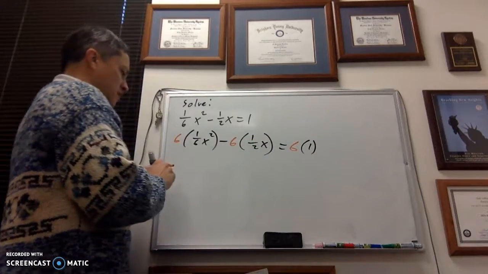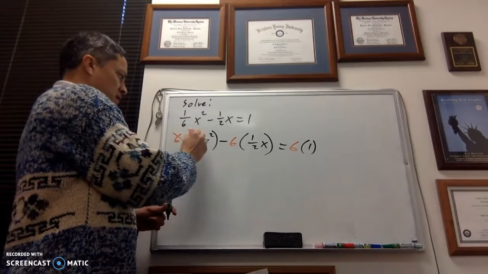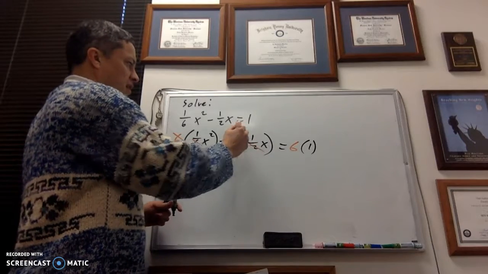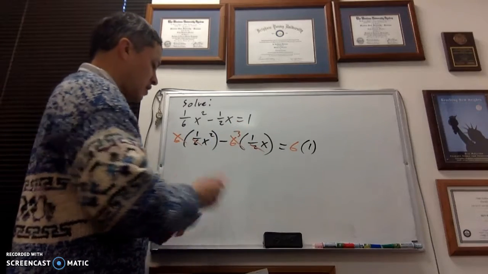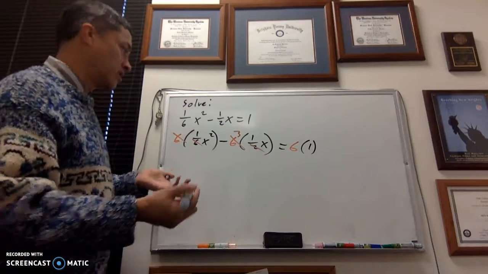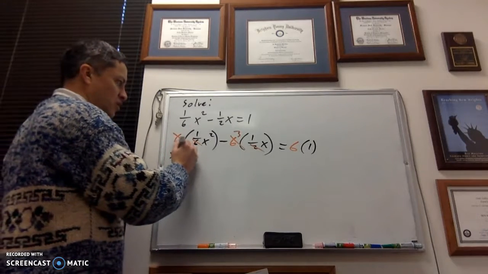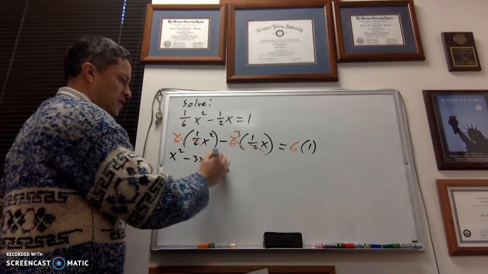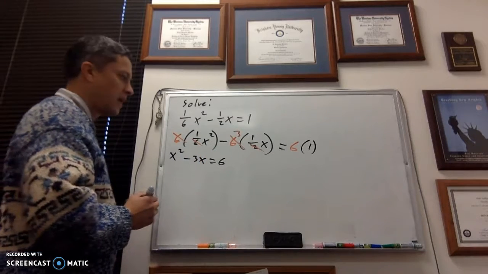Okay? So when we do that, of course the fractions are basically gone. So now we're looking at x squared minus 3x equals 6, right?